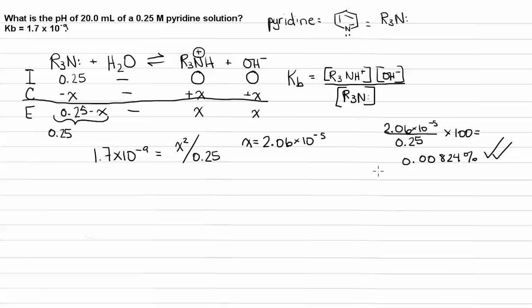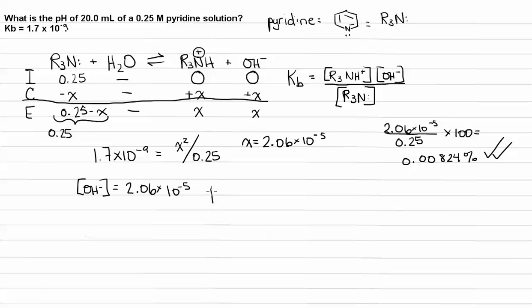So now let's analyze what we have and see if we can get to what the pH is. X is equal to the equilibrium concentration of hydroxide. Since we have strong base hydroxide in the solution, we can use that directly to determine our pH. So the concentration of hydroxide is equal to 2.06 times 10 to the minus 5.